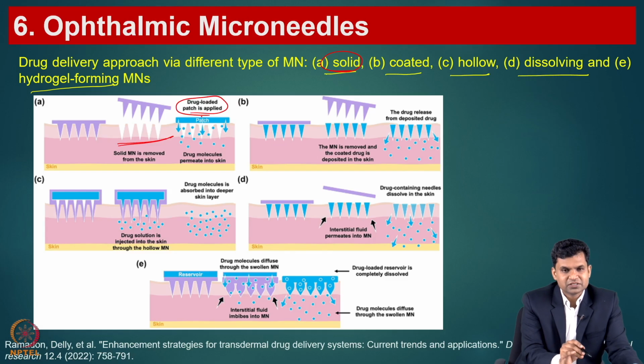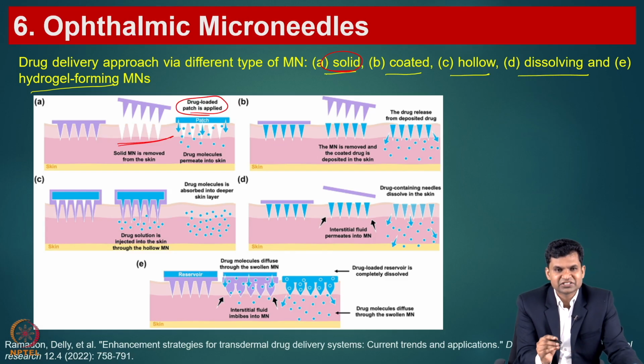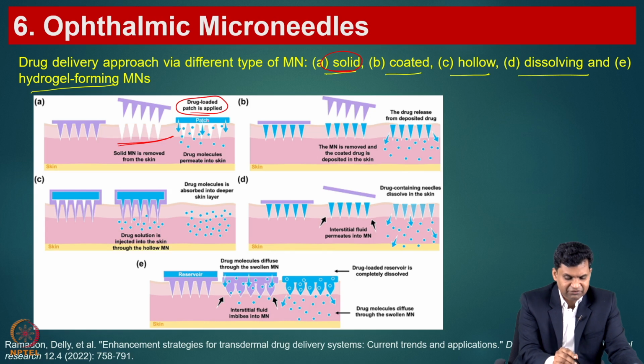This is the conventional type of microneedle. After putting your patch, the drug will release. Here we use only solid metal or polymeric needles just to open the stratum corneum.